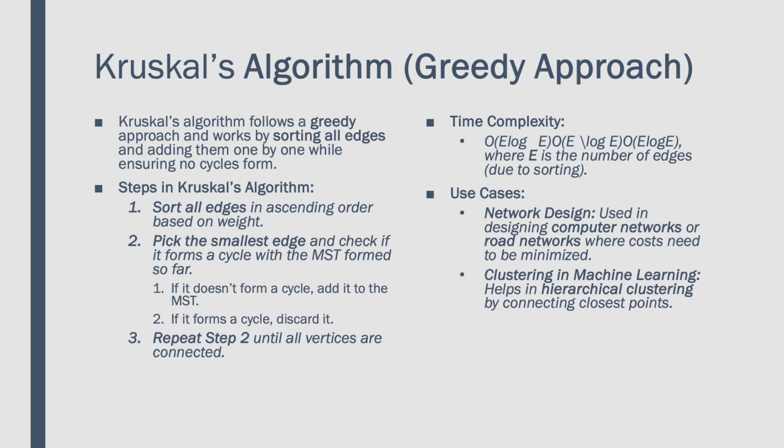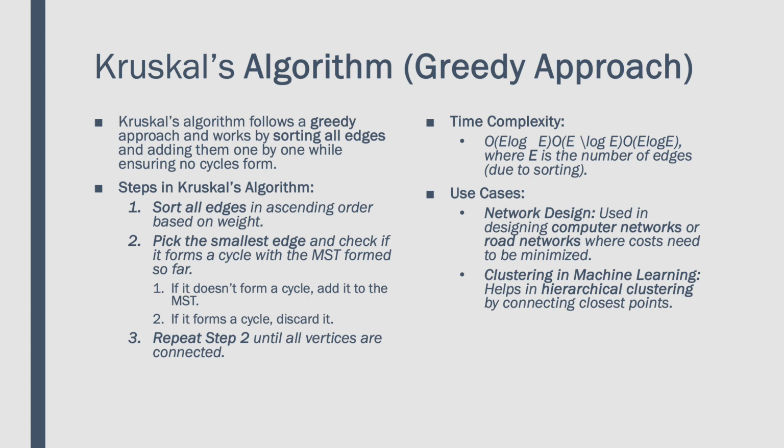Now, what is Kruskal's algorithm? It is an essential algorithm for finding the minimum spanning tree of a graph. Unlike divide and conquer algorithms, Kruskal's algorithm follows a greedy approach, making decisions step by step to ensure the best local choice leads to an optimal global solution.